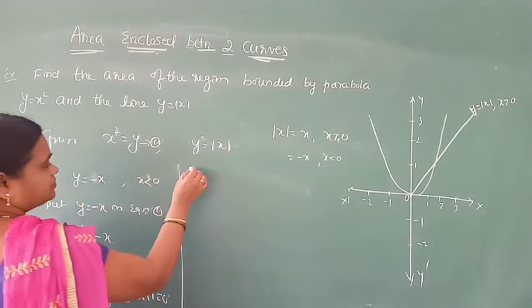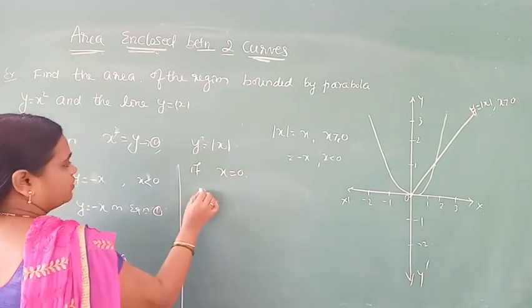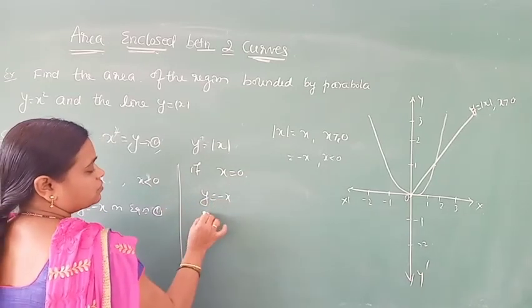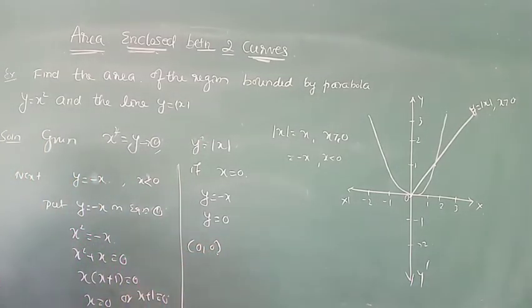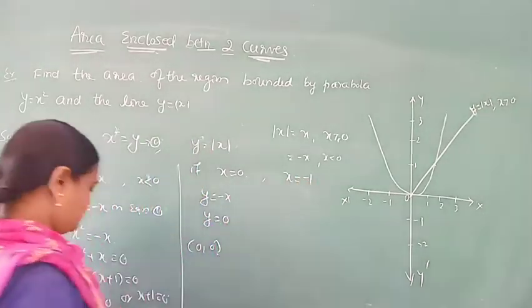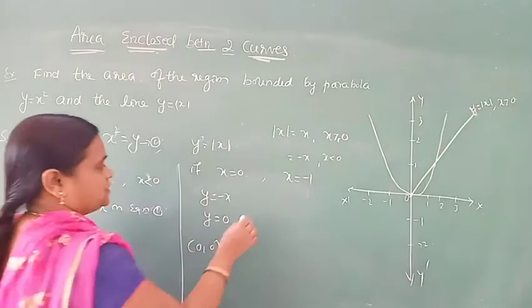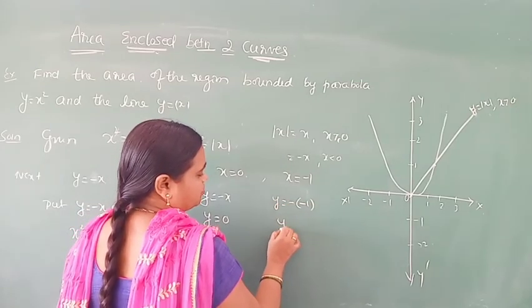Next, if x is 0, what is the value of y? y = -x, so y is 0. Therefore, the point of intersection is (0, 0). Next, if x is -1, then y = -x = -(-1), so y is 1.